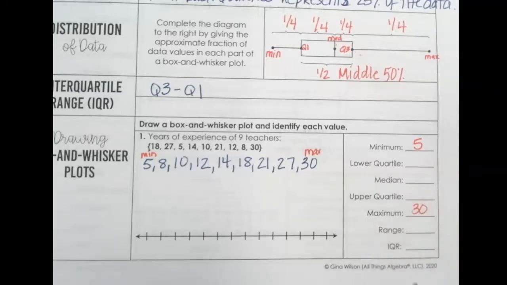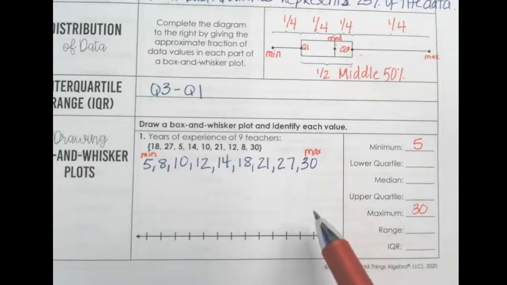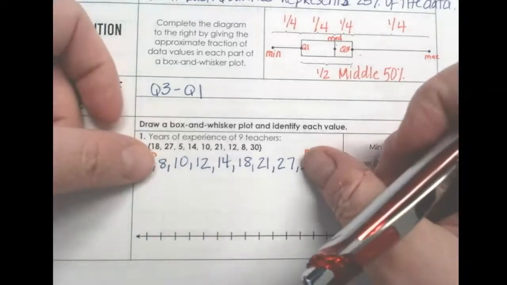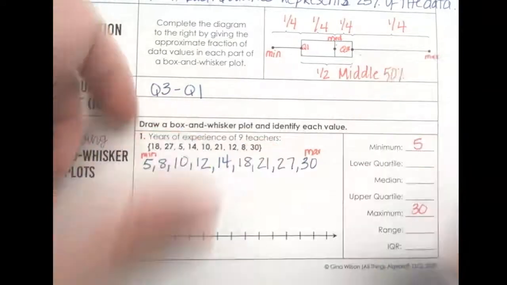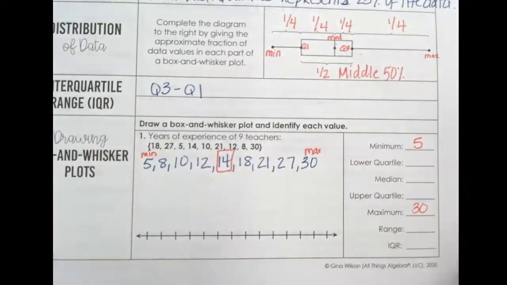All right. I like to do the median next. So we have 1, 2, 3, 4, 5, 6, 7, 8, 9 numbers. It's odd. That means there's an exact middle. So you could do this. A lot of people like to, this is very popular, where you kind of march yourself in. So my exact middle is right here at 14.